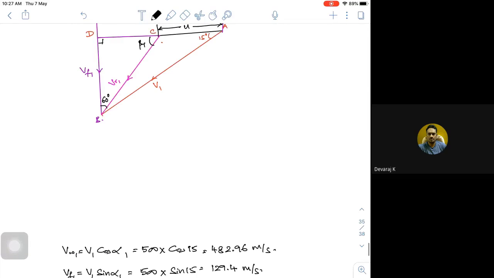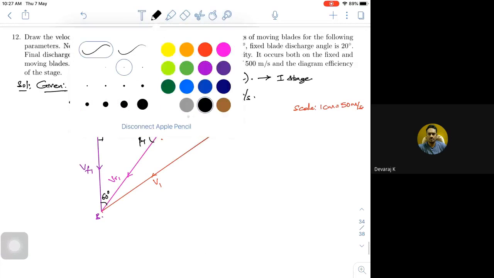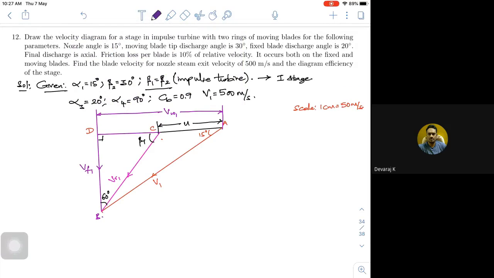Now I know the value of beta 2. With beta 2 equal to 30 degrees and VR2 equal to 239.84, I will draw a line. With this as 30 degrees, this will be my VR2. I got it. Now you join these two things.